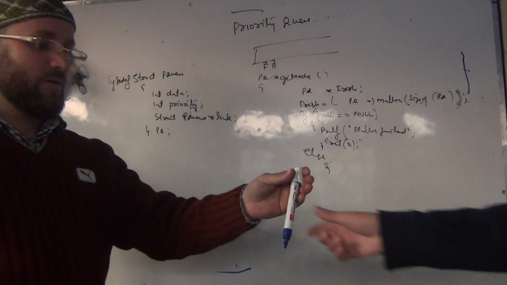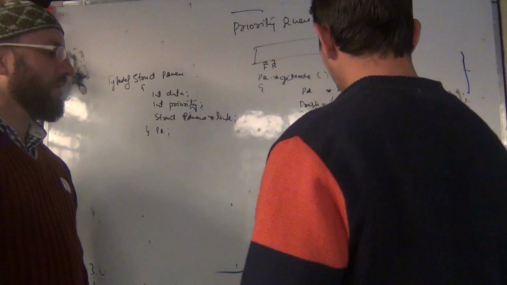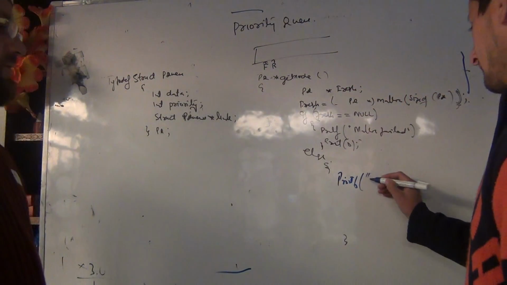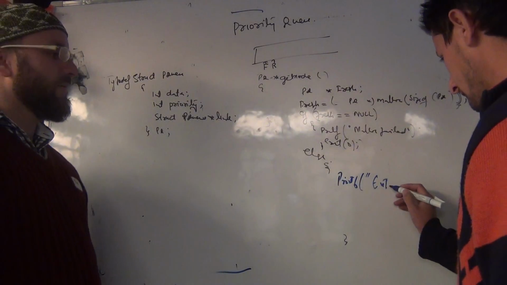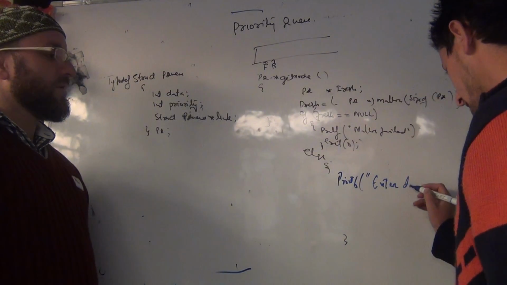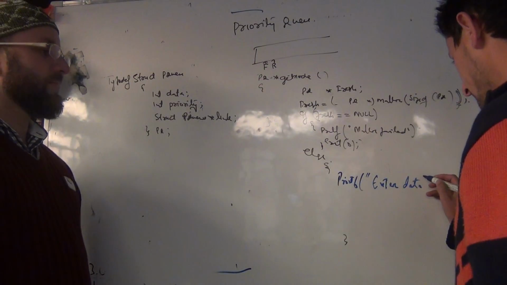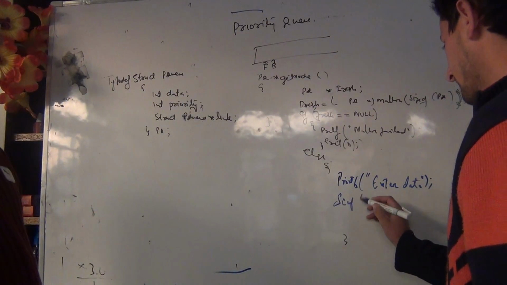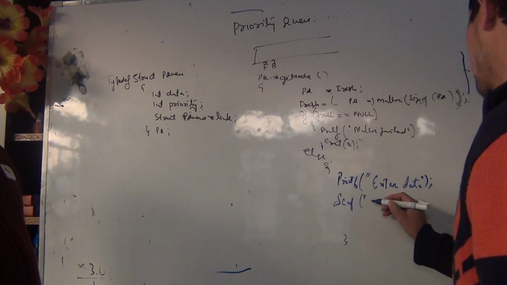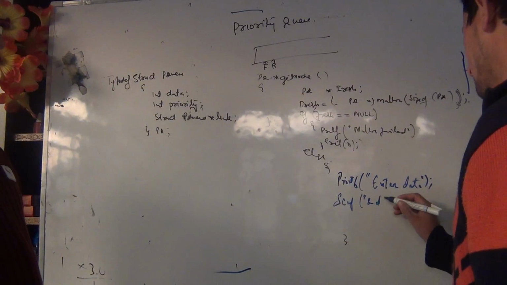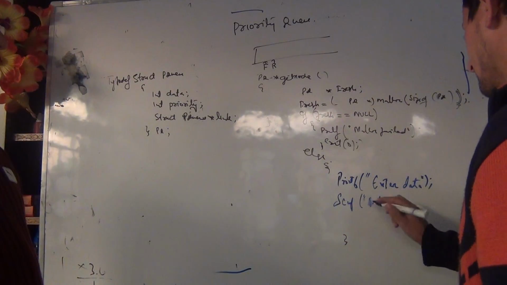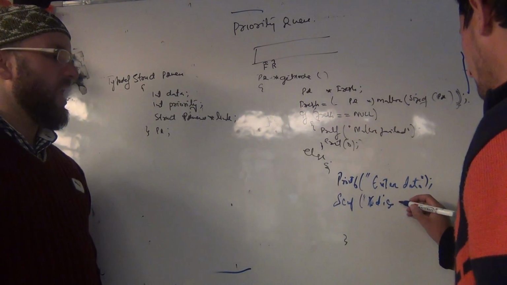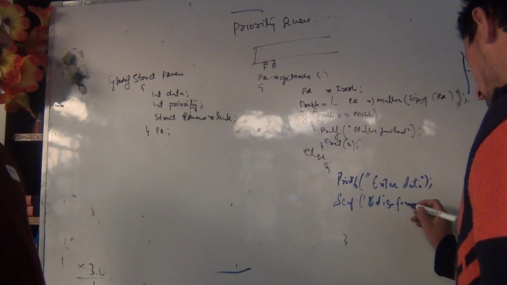Printf enter data, then scanf percent d and percent d, ampersand fresh arrow data.